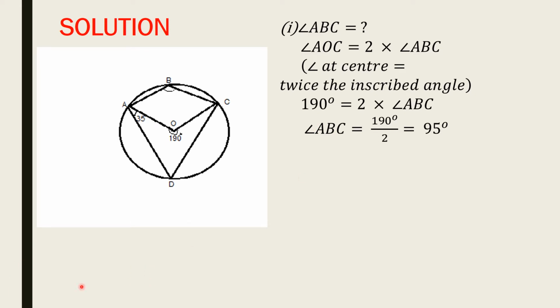The second part says we should find angle ADC, the angle at D here. We have a cyclic quadrilateral ABCD, and angle ABC is the angle at B. The angle at B and angle at D are opposite interior angles of this cyclic quadrilateral, and we know their connection.